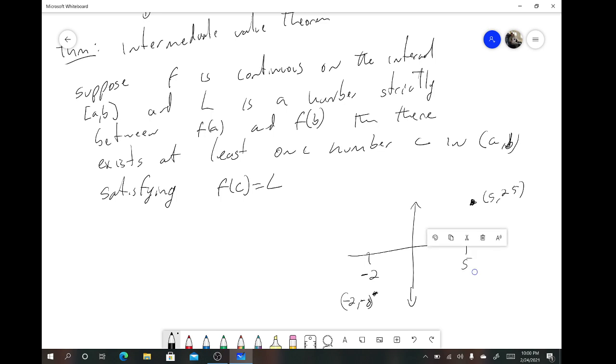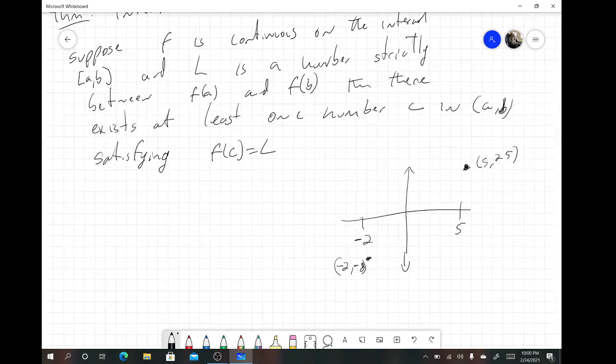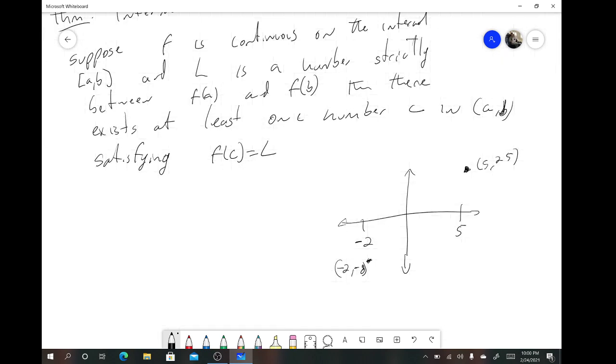Then if somebody asked you, they only gave you this information, whether this function has any x-intercepts, and they tell you the function is continuous, and you're given these 2 points, then you know that the function is definitely going to have to cross the x-axis at least once. Why? Because it is continuous. So let's say you need to get from this point to that point up there.